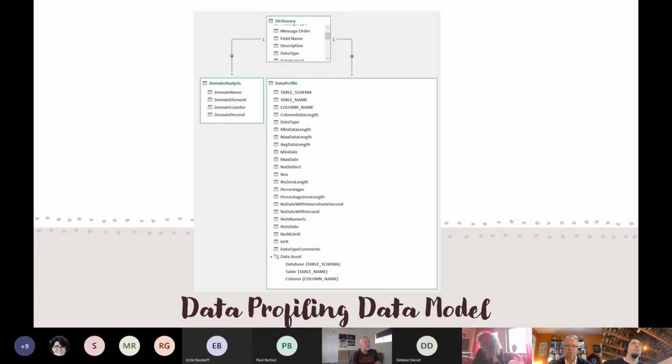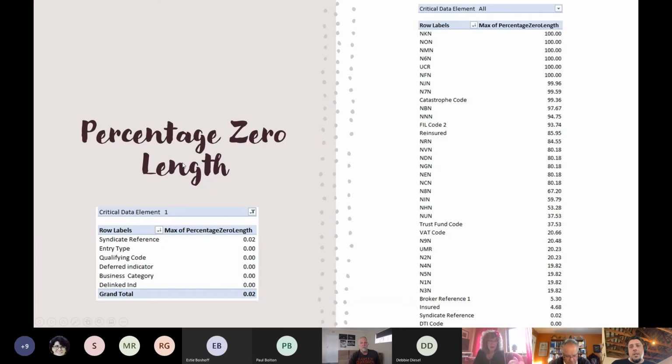Paul, you were going to say something? I'm unmuted. Yeah, I really like the way that you've, towards the end, applied the dimensions to the different aspects of the master data.